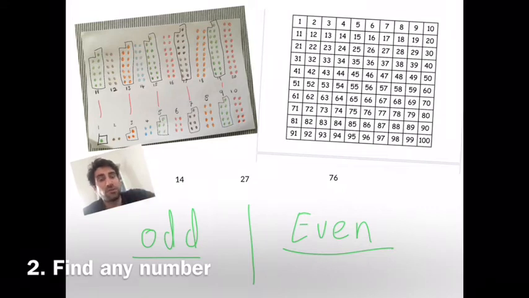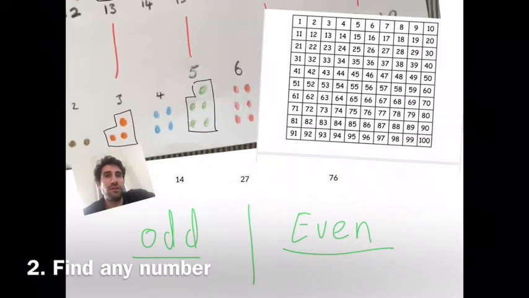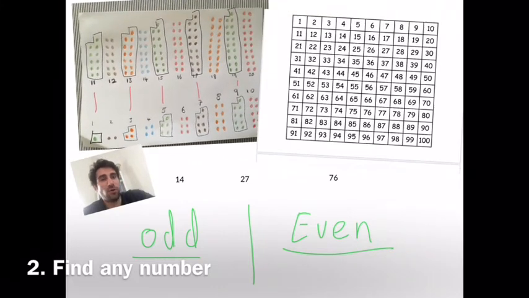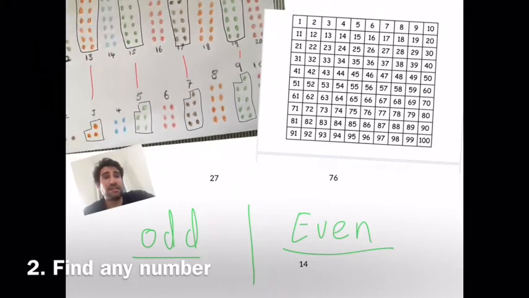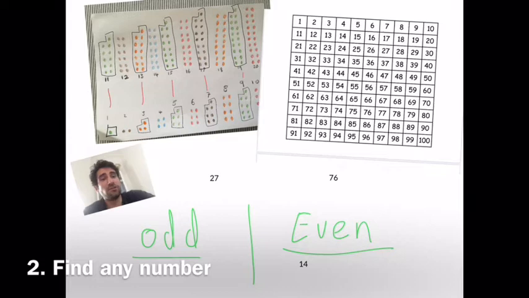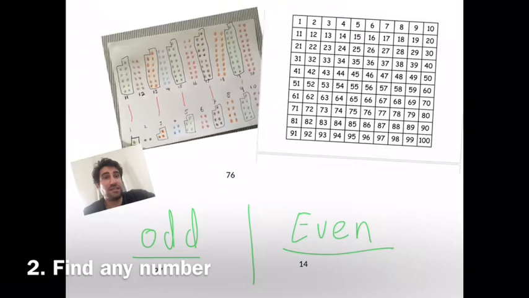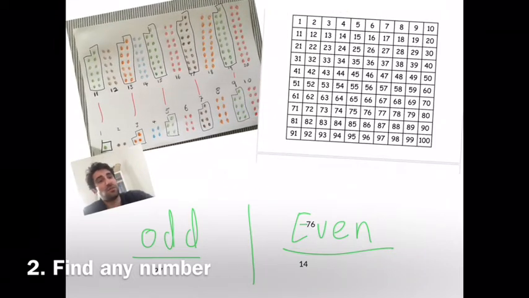Well, 14 finishes with the number 4, and that is an even number, so 14 is an even number. 27, let's have a look at 27. 27 finishes with the number 7, and 7 is an odd number, so 27 is odd. 76, well, the last number of 76 is 6. 6 is an even number, so 76 is even.